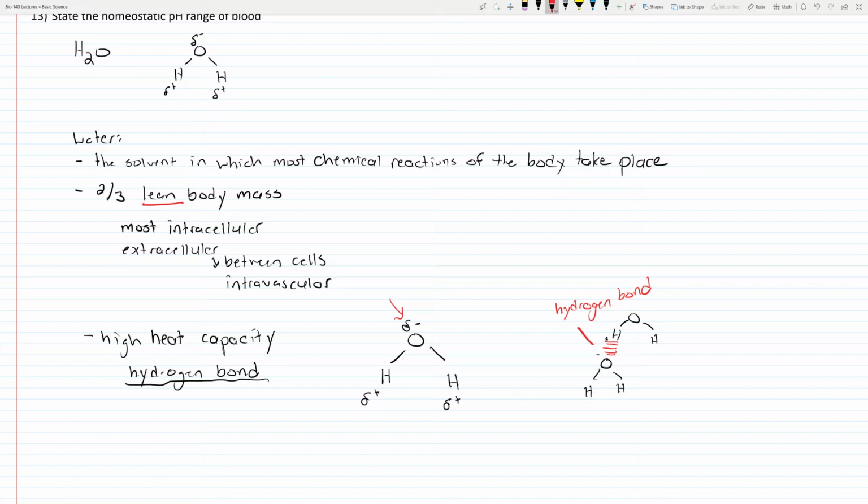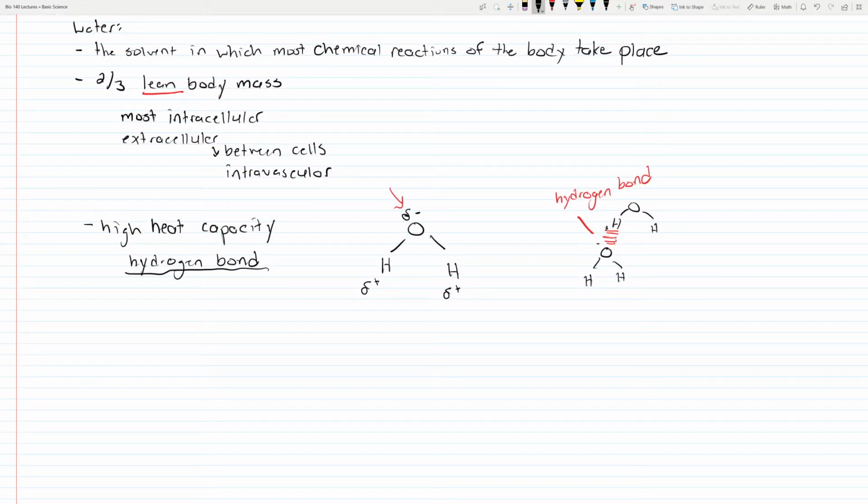The hydrogen bonds actually have an expanded crystalline structure. The hydrogen bonds keep the molecules at a certain distance apart from each other, so it causes the ice to expand outwards. So that's what a hydrogen bond is. That's high heat capacity. It was a very long aside on heat capacity, but the reason we have a high heat capacity is because of the hydrogen bonding.